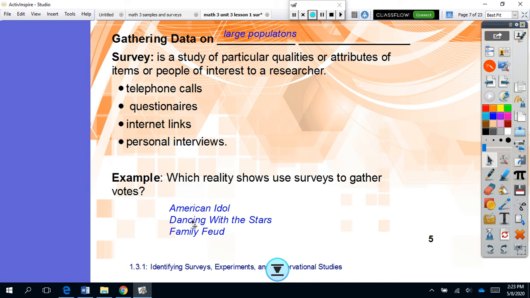Dancing with the Stars is another one. The votes of the judges and the people that call in and vote are used. And then Family Feud is not a reality show, but the surveys, and I have no idea how they do the surveys for Family Feud, but the survey data is used in answering the questions. Most of you have seen that show.